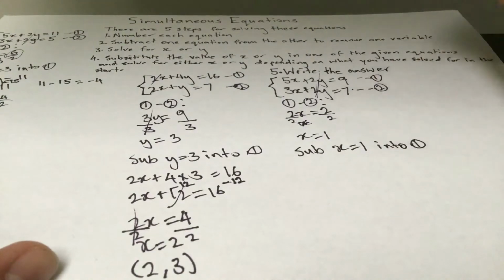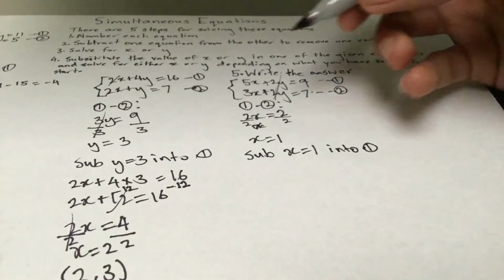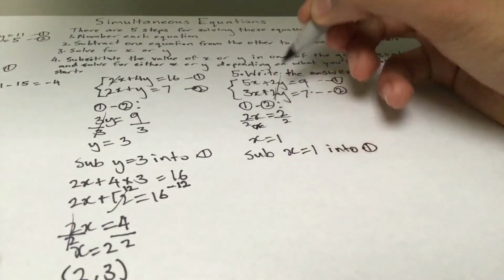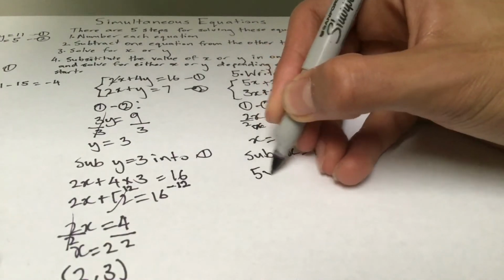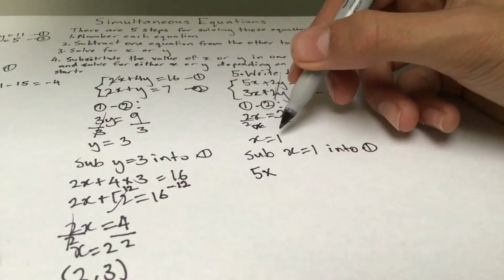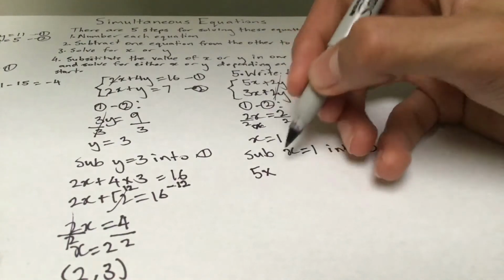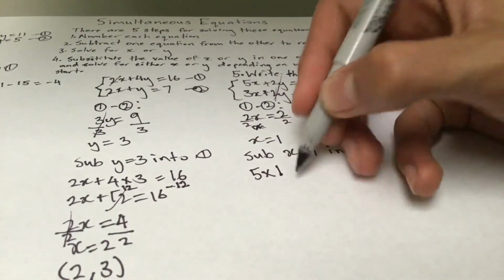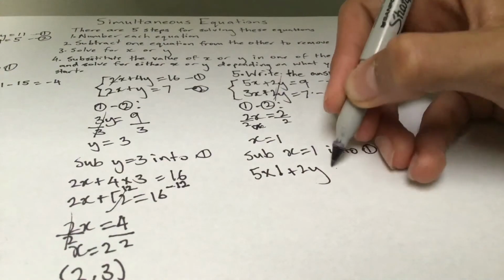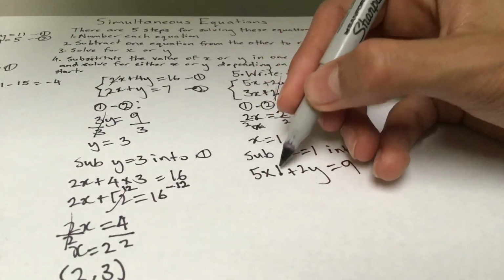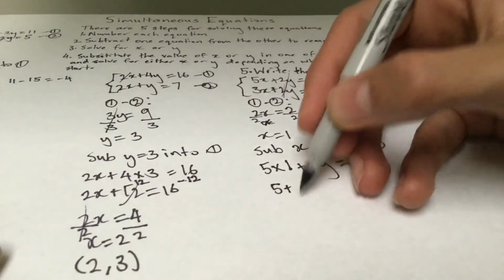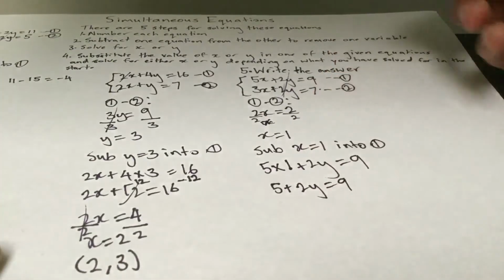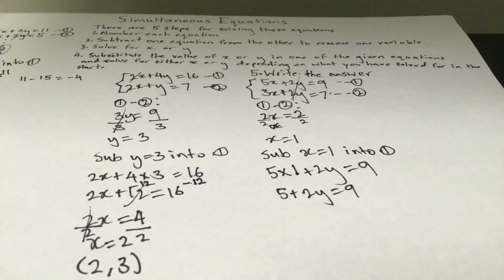We're going to sub x equals 1 into equation 1. So now we're going to put x equals 1 into every x. So when we put 1 into x, it's going to go 5 times 1 plus 2y equals 9. 5 times 1 is 5, and 2y equals 9. Next step is to remove the 5 and bring it to the right hand side.